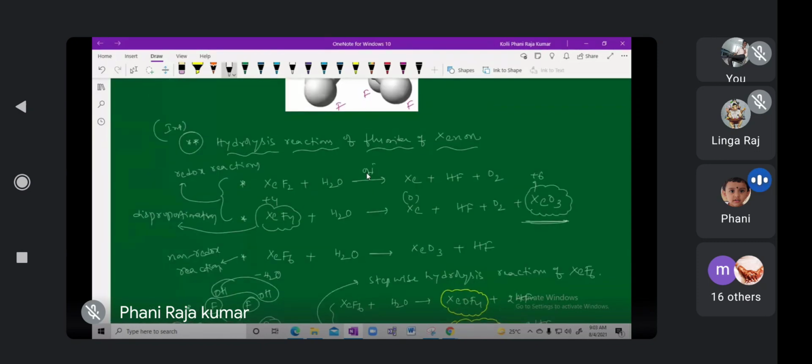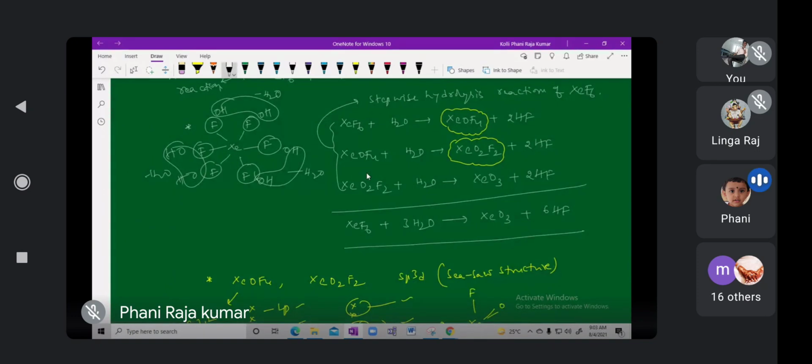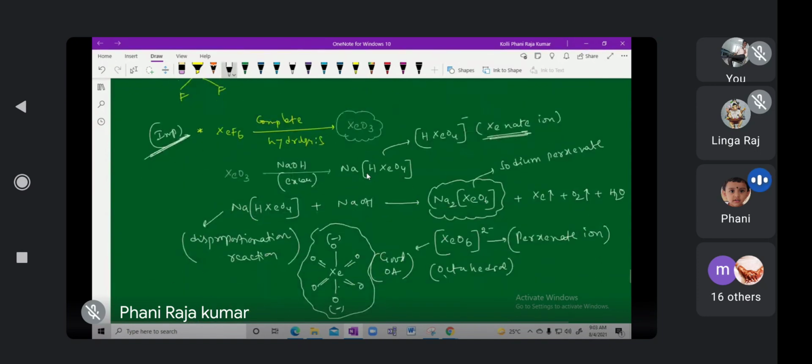Complete hydrolysis and partial hydrolysis of XeF6 give two intermediate compounds, XeOF4 and XeO2F2. And xenate ion formation, one of the good oxidizing agents among known compounds, is obtained from XeF6: first complete hydrolysis followed by reaction with excess sodium hydroxide. Right, tomorrow we'll continue the remaining.